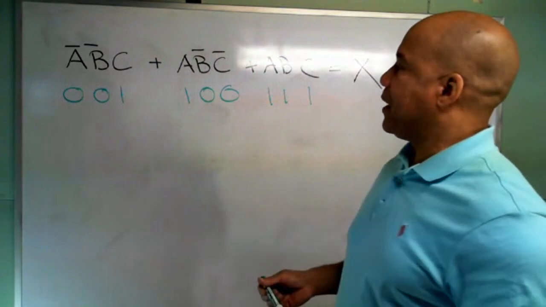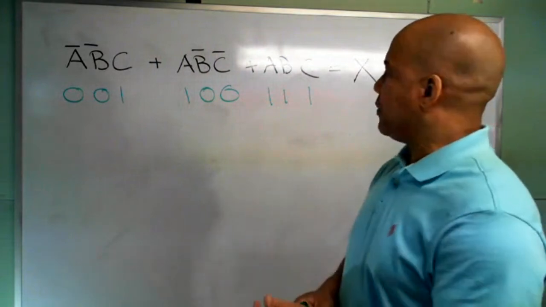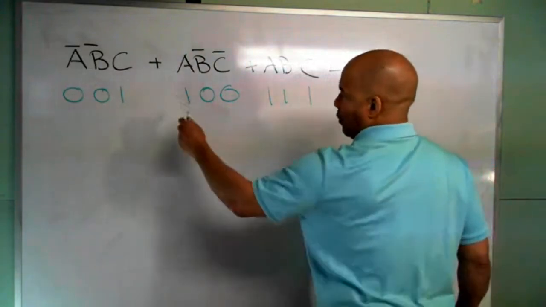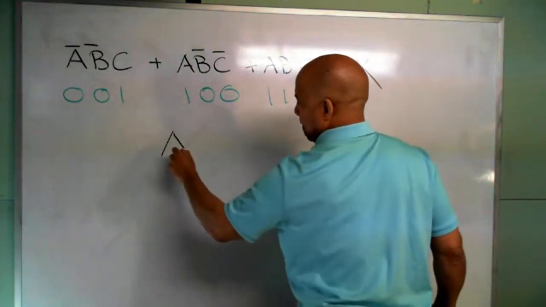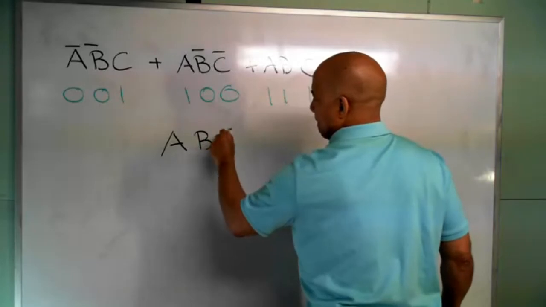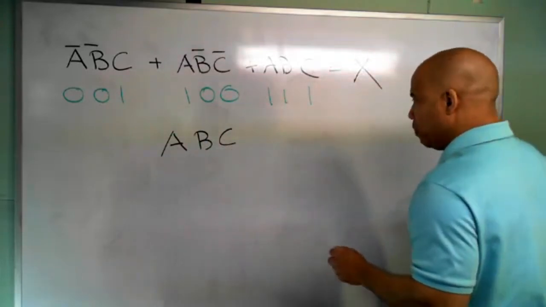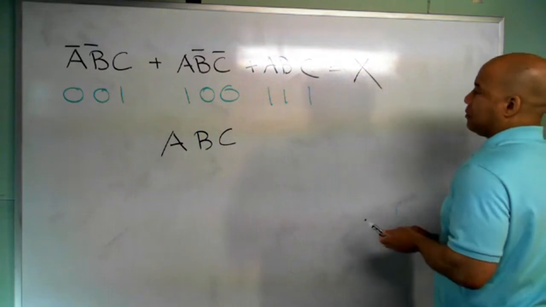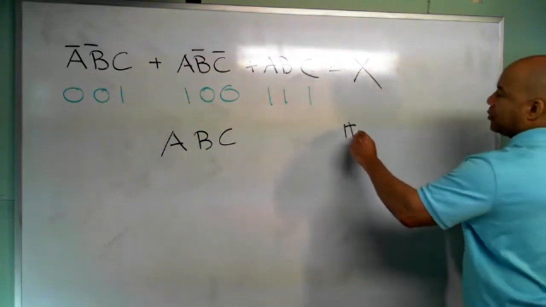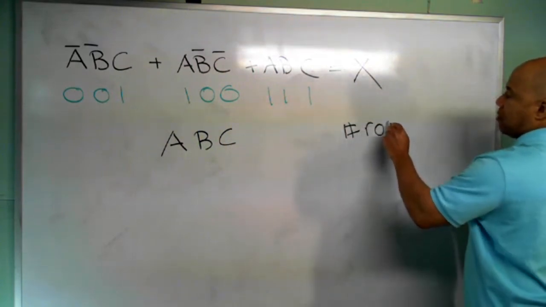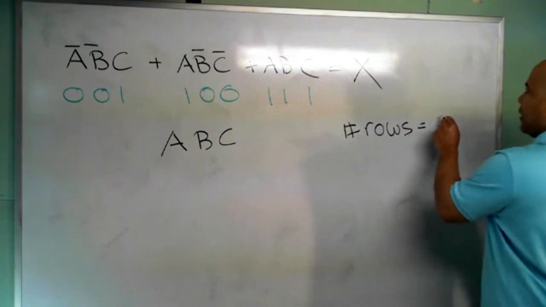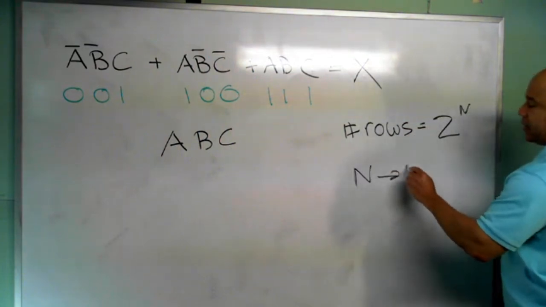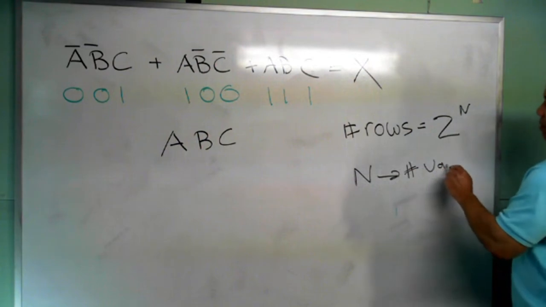The second step is you draw your truth table. So draw your truth table with 3 variables. With 3 variables, the number of rows in the truth table is 2 to the nth power, where n is the number of variables.